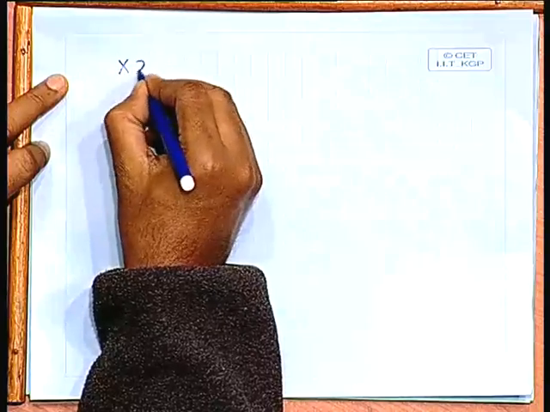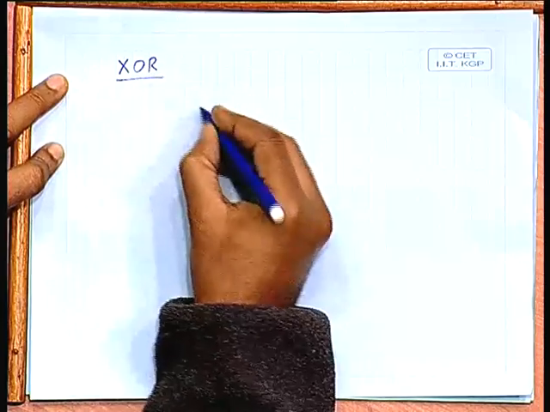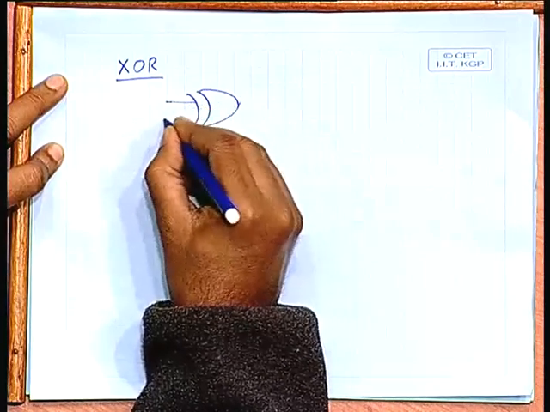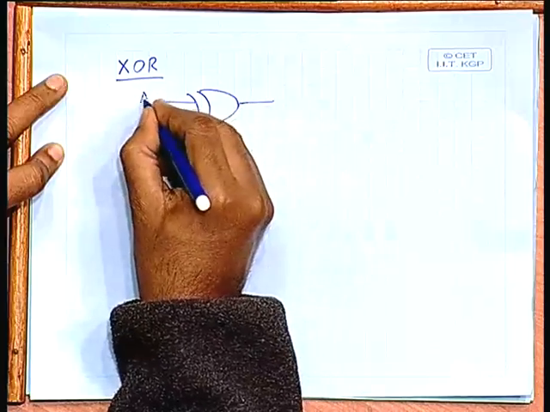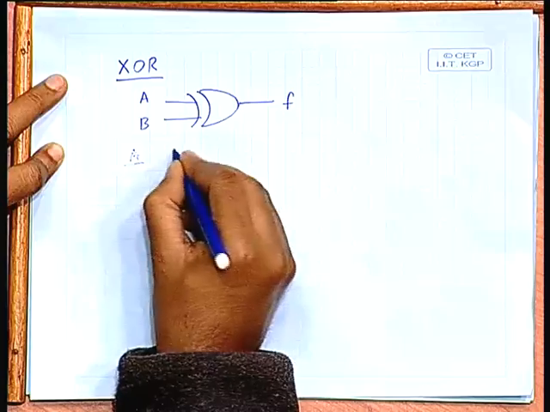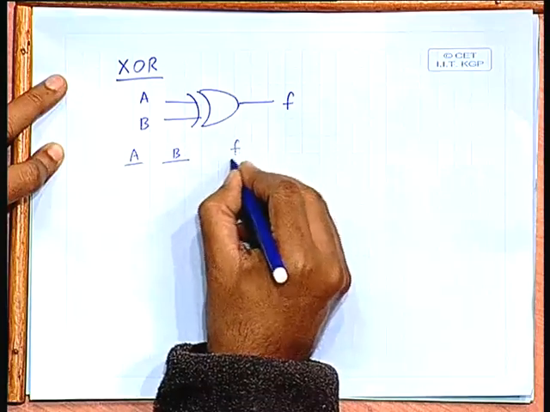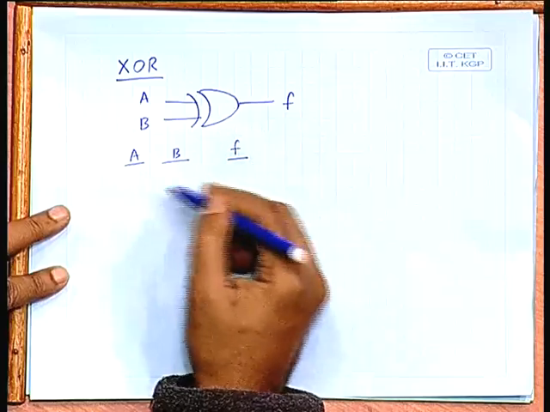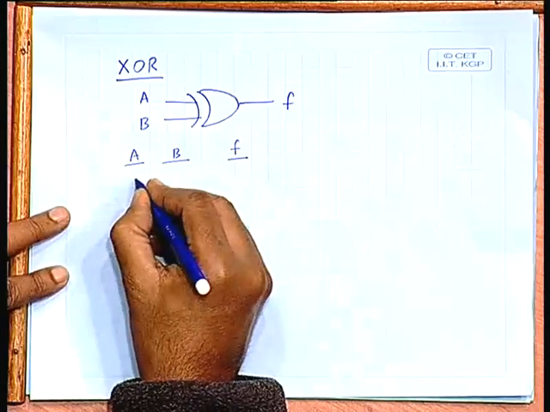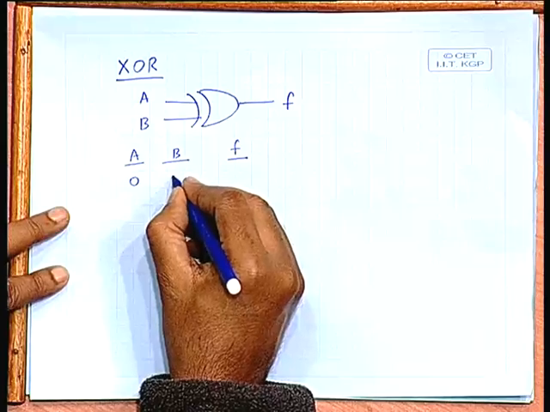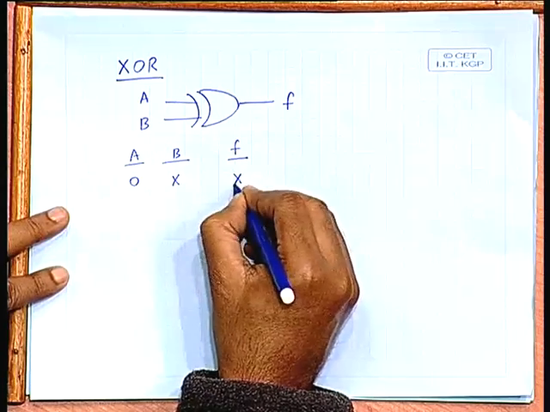For example, I am giving another example. Suppose you have a 2 input XOR gate with inputs A, B and output F. The normal truth table of XOR you already know, so I am not showing those things, I am showing the other cases. For example, if one of the inputs is 0 and B is unknown, then the output will be unknown.